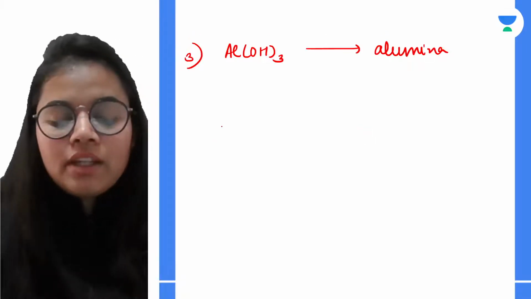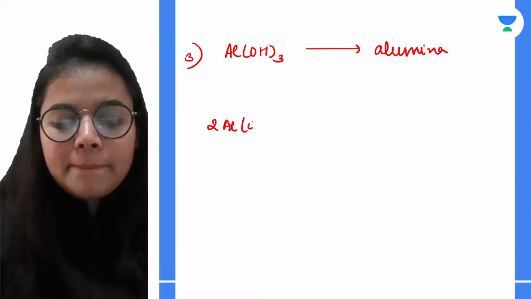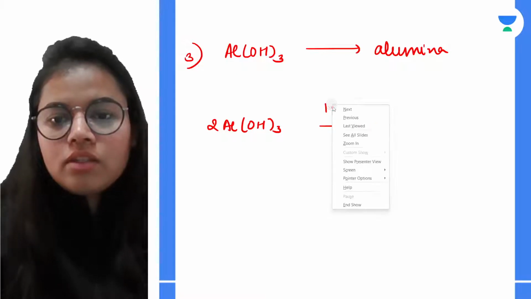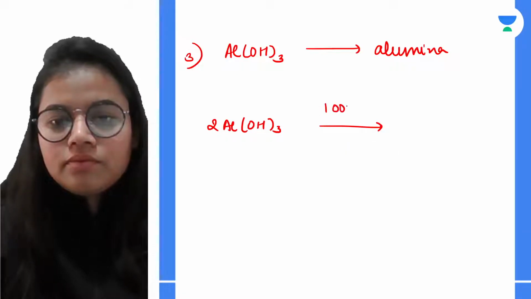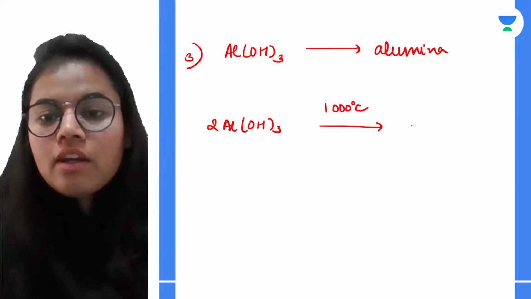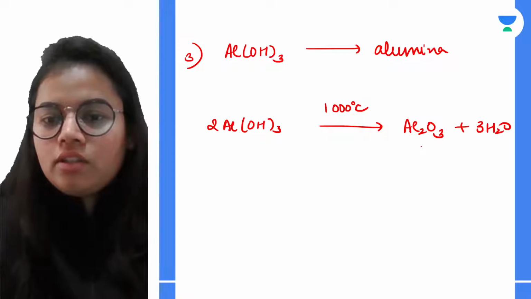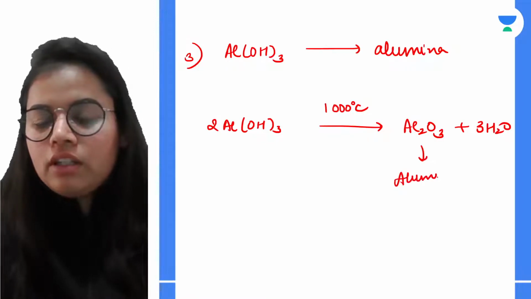And how is it happening? We are igniting it at 1000 degrees Celsius. So we get over here the product alumina, and that is what we need.